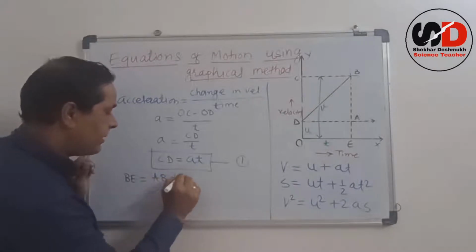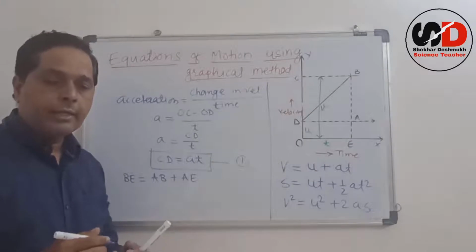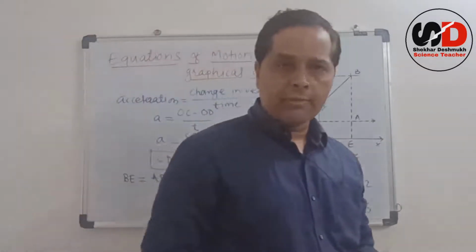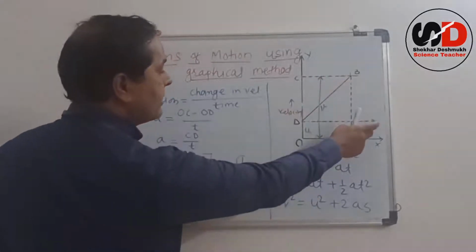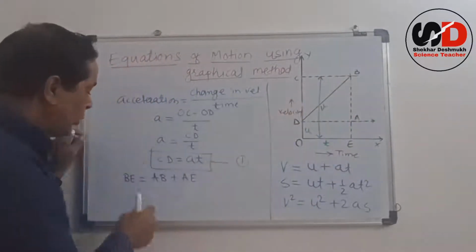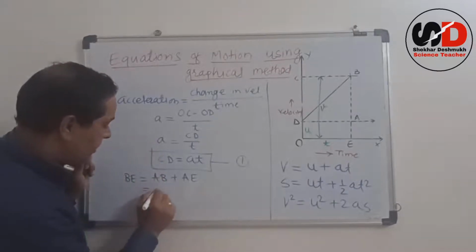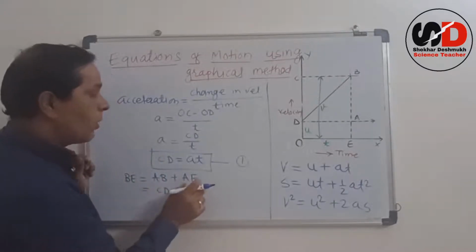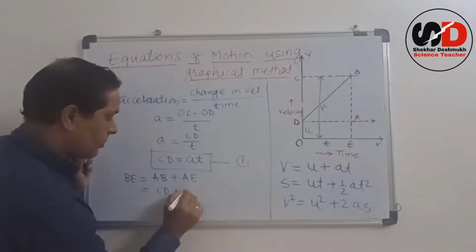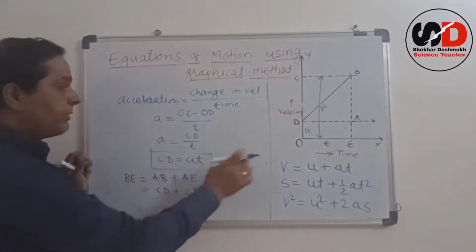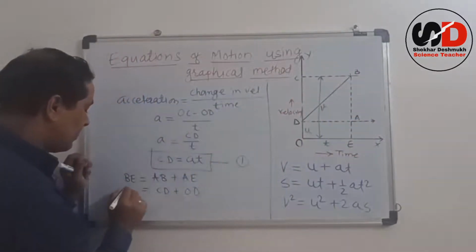Now put the values here. What is AB? AB means CD. So AB is equal to CD. So put here CD plus what is AE? AE is equal to OD. What is BE? BE is equal to OC.